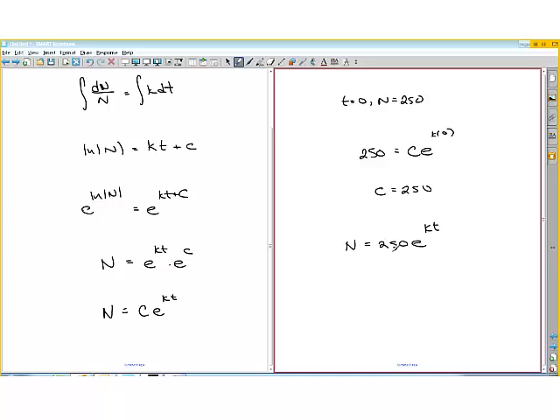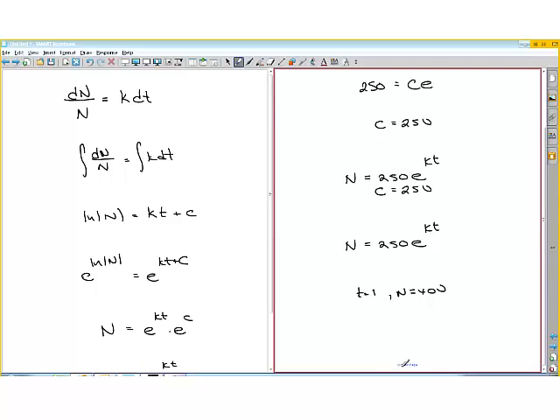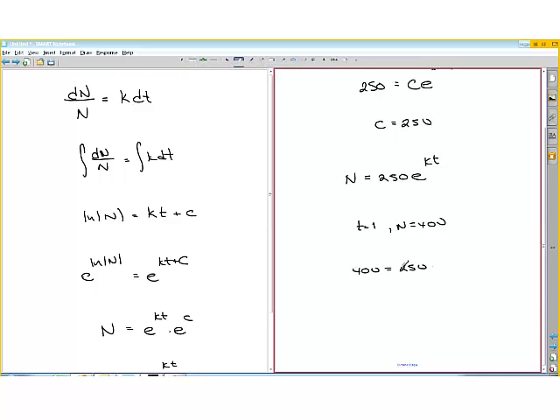Now we have to use the second condition, which said that when t equals 1, n equals 400. We use that to find k. So n is 400: 400 equals 250 e to the k times t, which is 1.